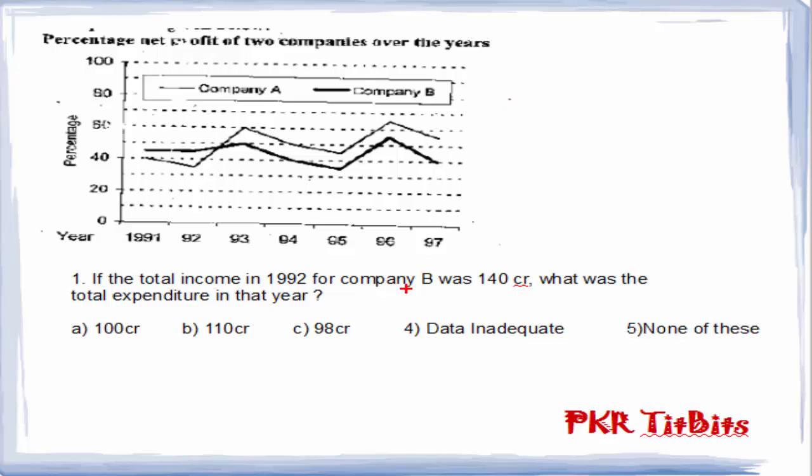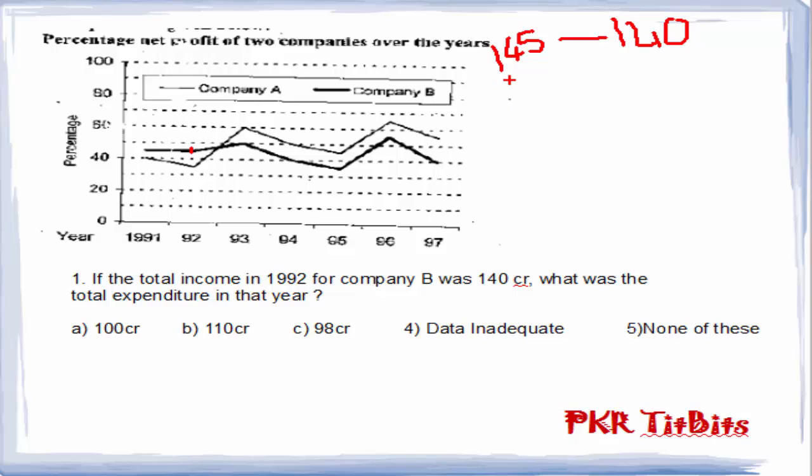The profit percentage of company B in 92 is this one, so it is 45. We have to find the income. Here the income is nothing but profit plus expenditure. If you consider expenditure as 100%, the income comes to 145%, which is given as 140 crore.